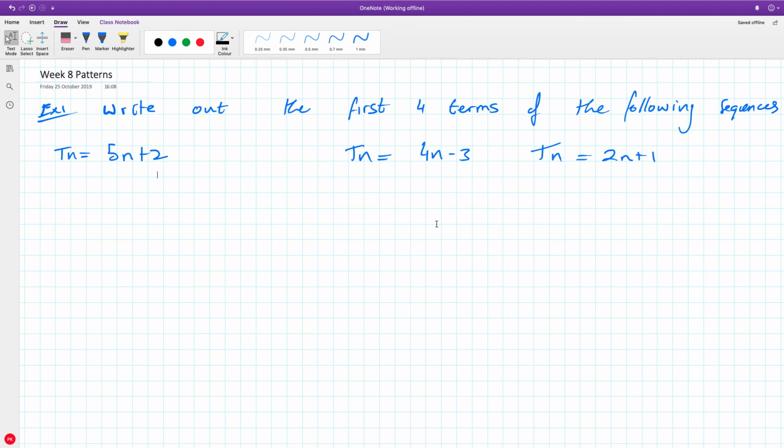Right, let's have a little look at it. So, for the first one, T1 is equal to 5 times 1 plus 2, which is 7, isn't it? T2 is equal to 5 times 2 plus 2, which is 12.